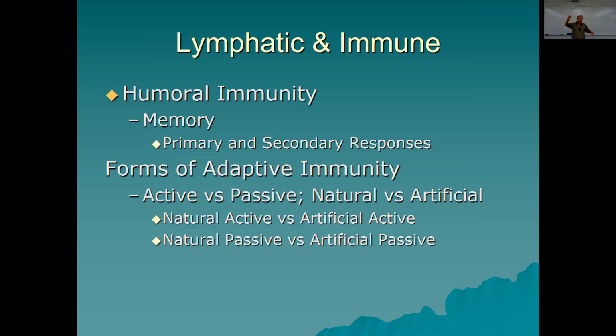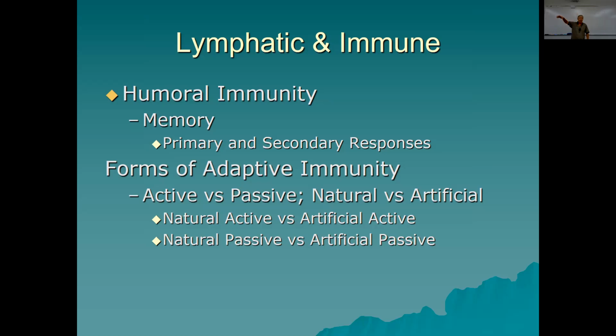One example is breastfeeding. Mom can give her breastfeeding infant antibodies through breast milk, and these antibodies are not chewed up, they get exocytosed right to the baby's bloodstream, and they're there. That's natural passive.